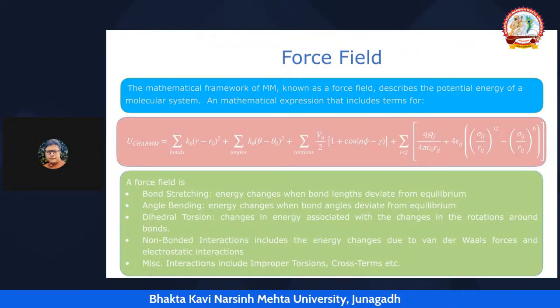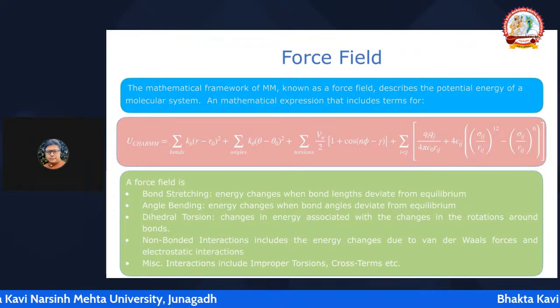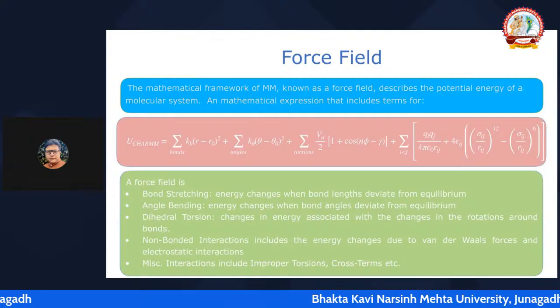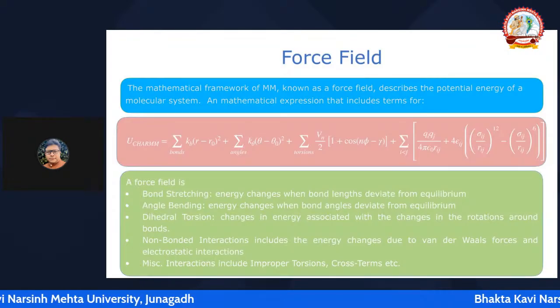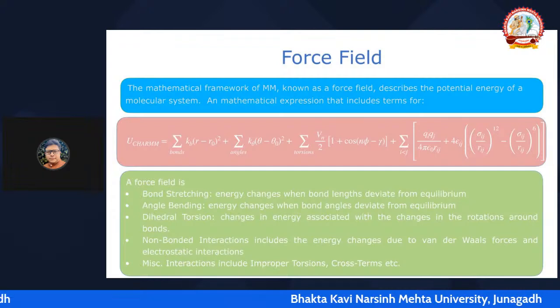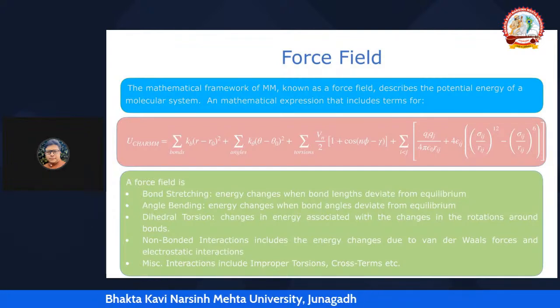So moving ahead, we have the angle term. This angle term talks about when we have three atoms, atom 1 connected to atom 2, which is further connected to atom 3. Now atoms 1 and 3 interact by a scissor action.